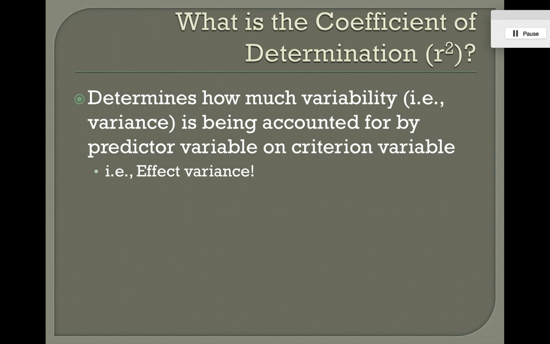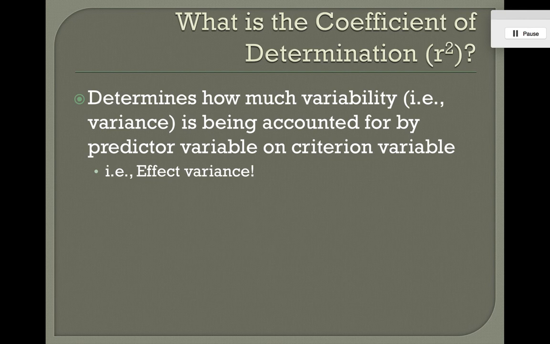All semester long, when I've been introducing this idea of effect variance, I keep telling you it's the numerator. We can now calculate a statistic, the coefficient of determination, that tells us precisely how much of the variability, how much of the spread in the scores, the differences in your scores, is actually attributed to your manipulation or control.